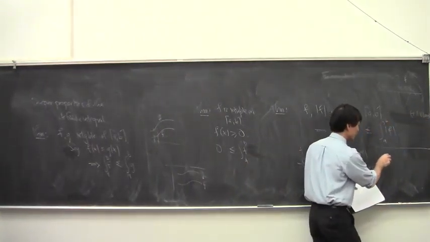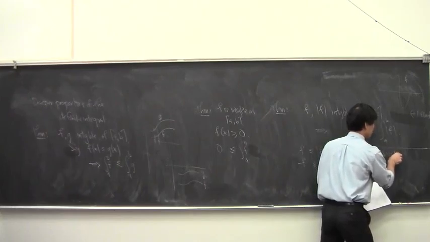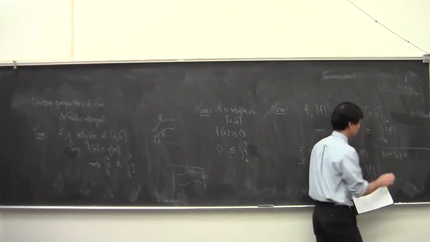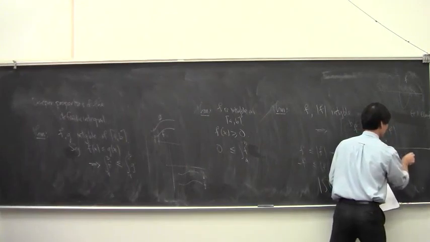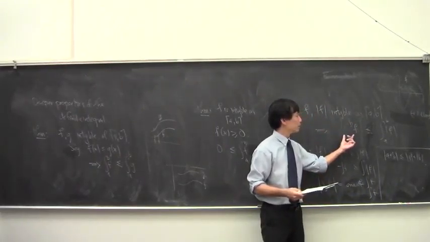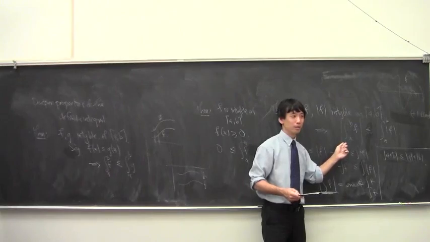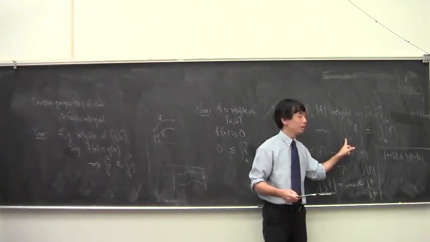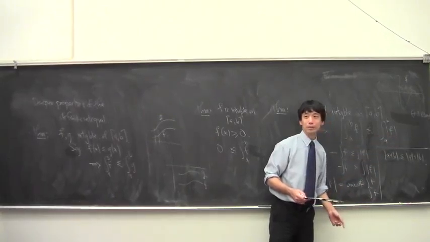Very good, right? Because the triangle inequality says that if you take a sum of absolute values, the absolute value of the sum is less than or equal to the sum of the absolute values. And this is the same sort of thing. The absolute value of a sum, you see this big S here? The absolute value of the sum is smaller than the sum of the absolute values.